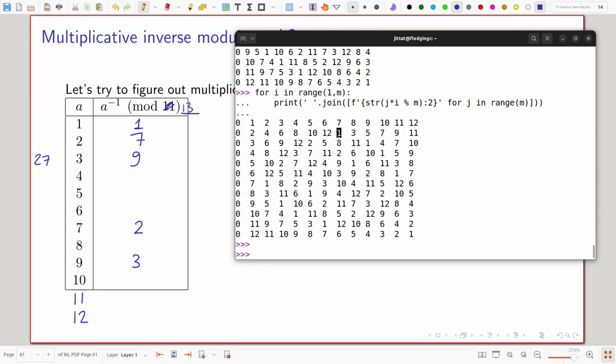For 3 it's 9 because 1 is here, right? For 4 can you locate 1? Here, right? So it's 10. The first row is multiplied by 1. So can you fill out this table really quickly?